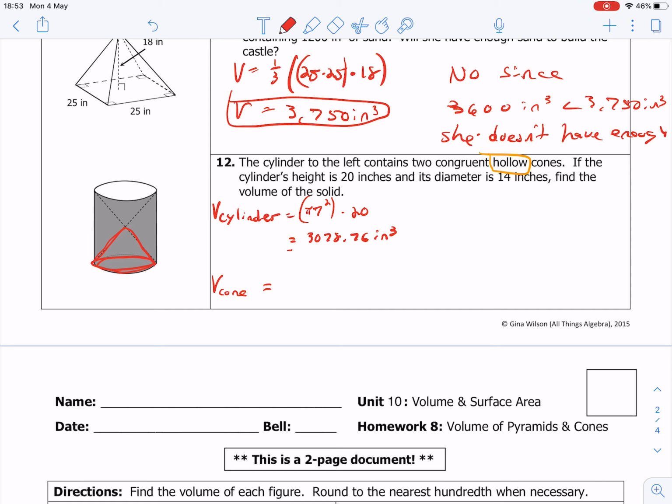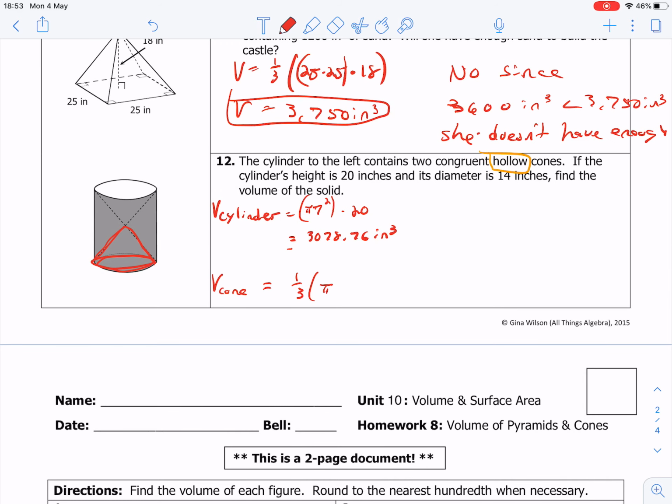So the volume of that cone will be 1/3 of the area of the base, which is still going to be the same, times the height. And the height in this case is going to be half of the total 20, which is going to be 10.